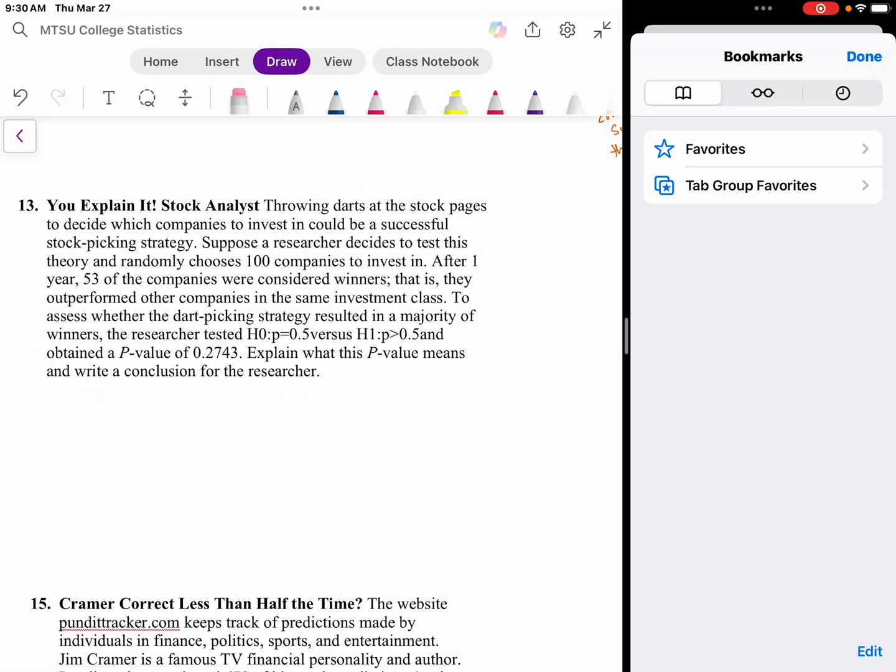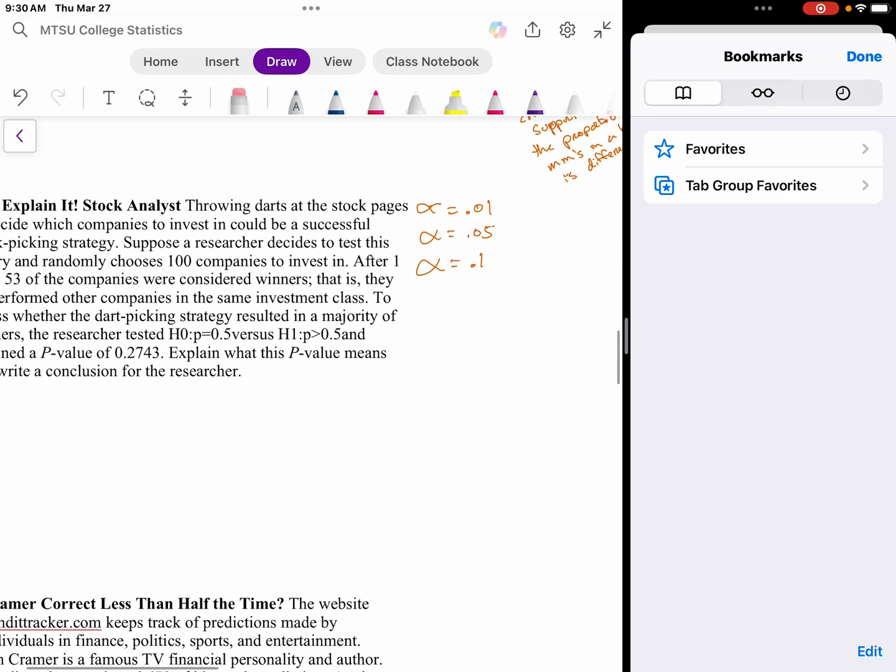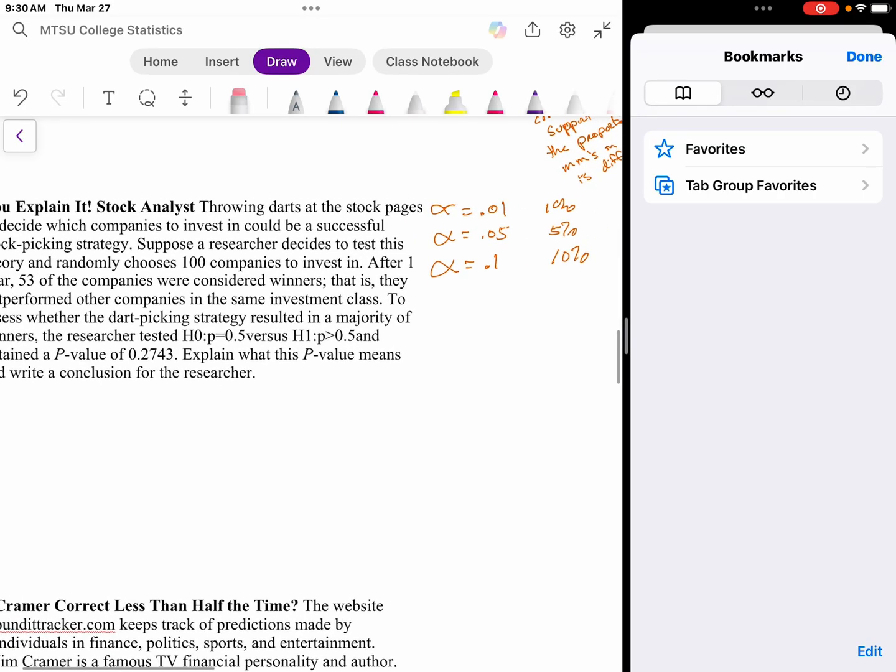So first off, do they state an alpha to compare it to? They don't. But if I think about the alphas that we mentioned in a previous lesson, an alpha of 0.01, an alpha of 0.05, and an alpha of 0.1, which is basically 1%, 5%, and 10%. In all of those cases, what do we notice about that p-value?